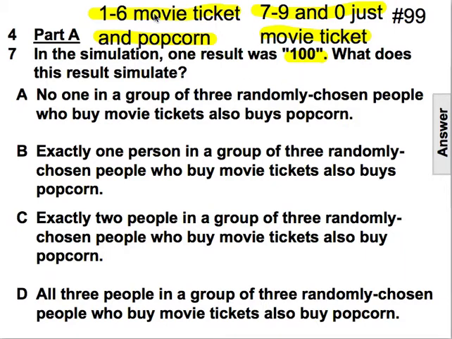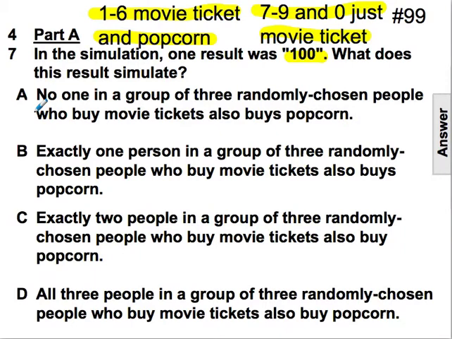Well, let's look up here. The 1 bought a movie ticket and popcorn. The 2 zeros just bought a movie ticket. So we know that this represents 2 people who just bought a movie ticket and 1 person that bought a movie ticket and popcorn. So let's see what choice gives us that information.